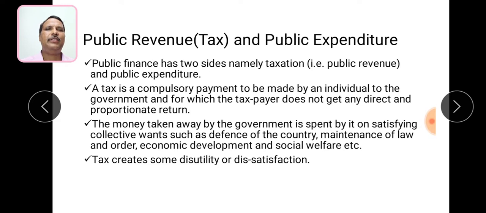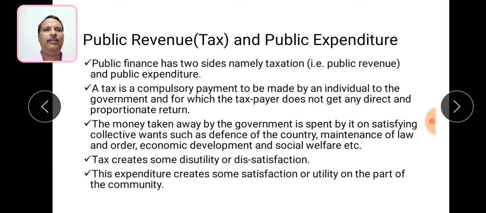Tax creates some disutility or dissatisfaction. This expenditure creates some satisfaction or utility on the part of the community. Utility and disutility, satisfaction and dissatisfaction. Utility and disutility can be compared with each other.